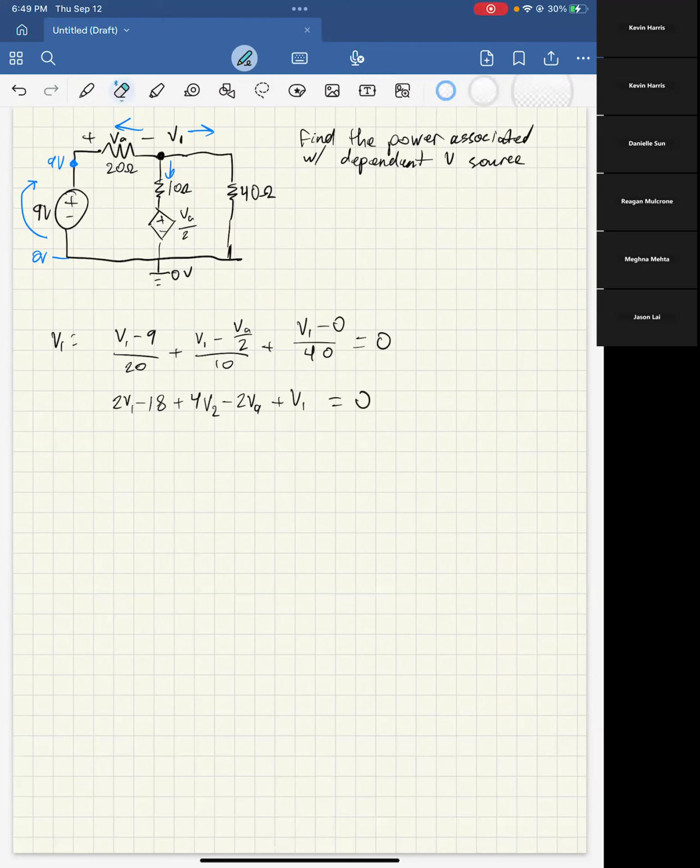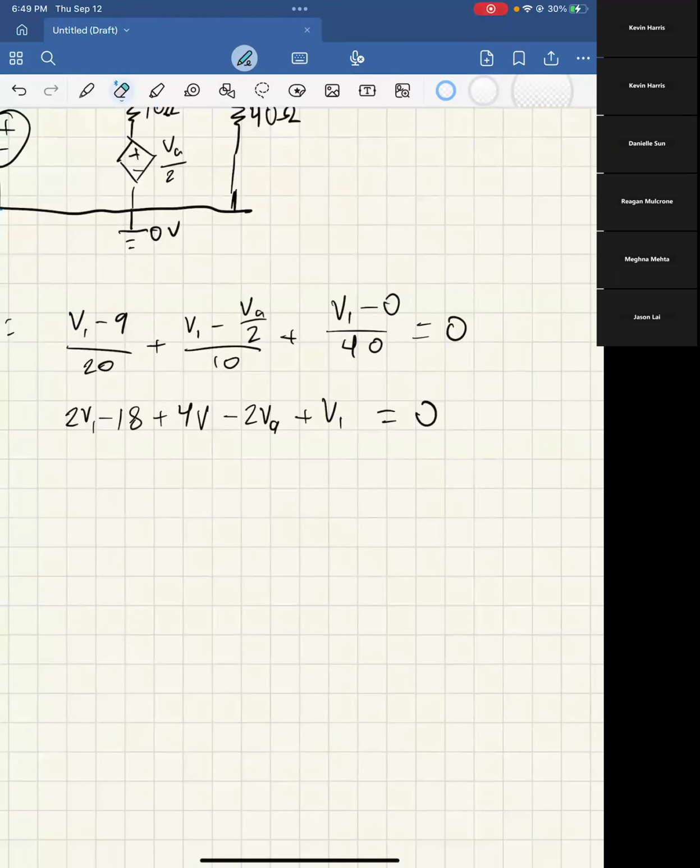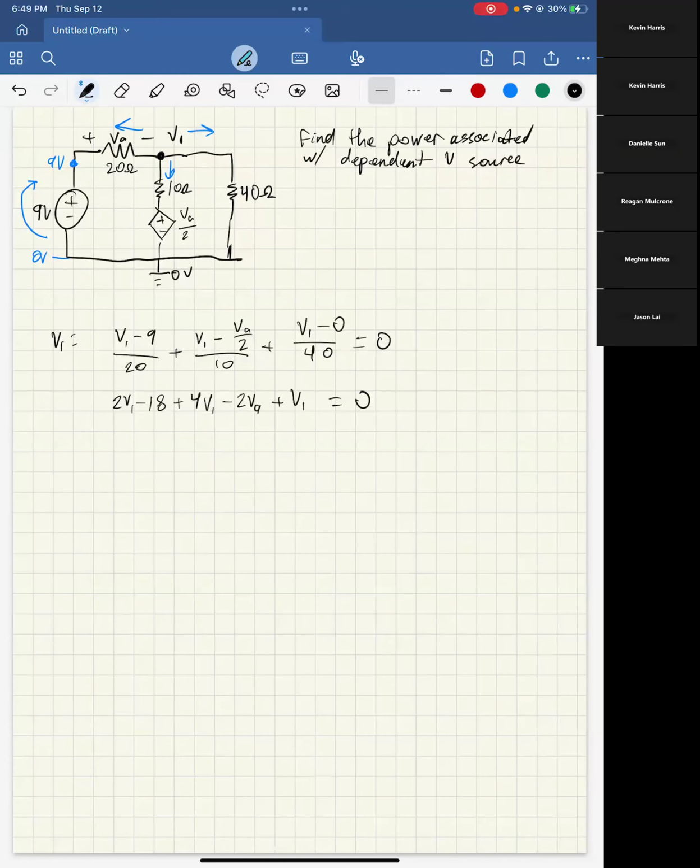I don't know why I wrote V2 there, my bad. Combine like terms: 7V1 minus 2VA equals 18, moving that 18 to the other side.